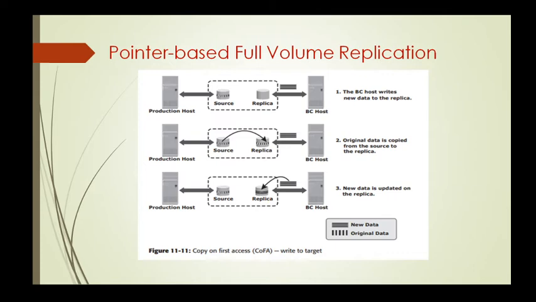The pointer to the source data can now be discarded. The subsequent writes to the same data block on the source and reads or writes to the same data blocks on the target do not trigger a copy operation. Therefore, this method is termed copy on first access.